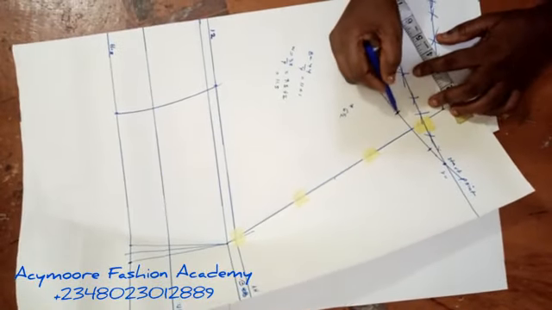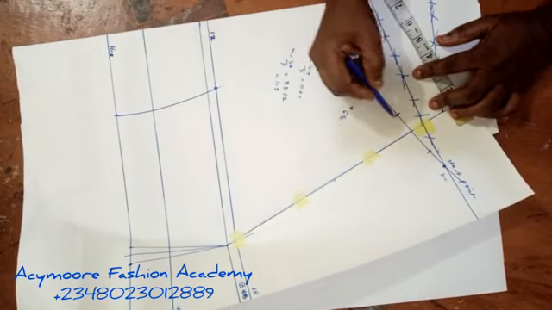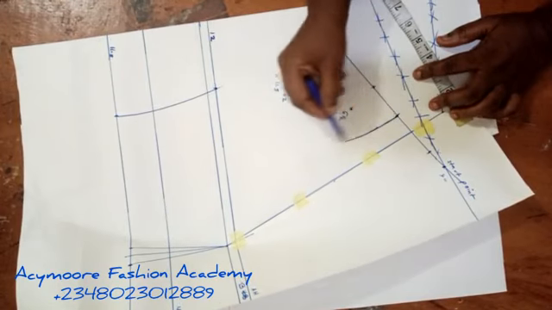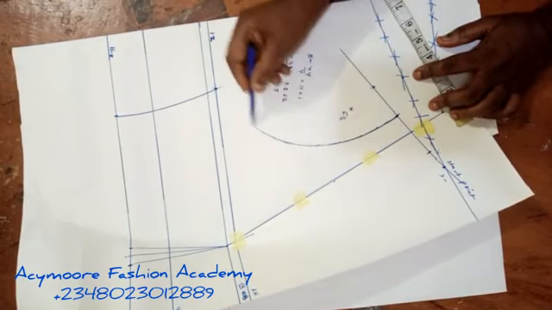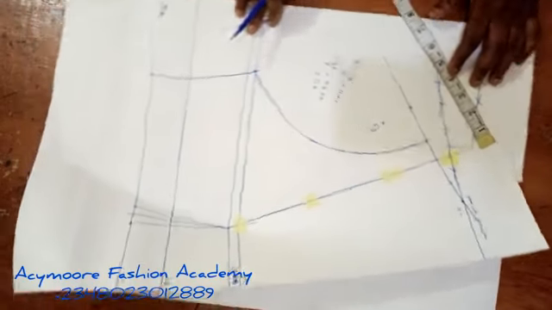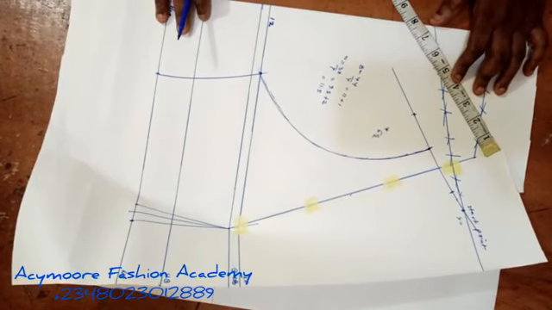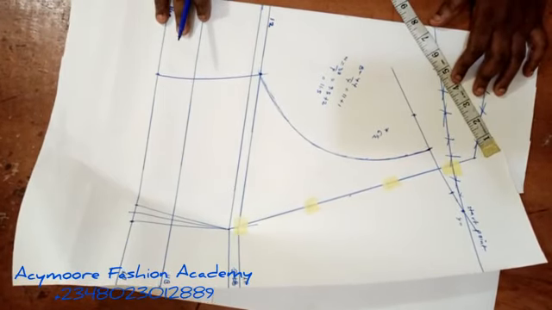I will then join my points to the armhole like so. Can you see? That's our basic bodice. That's it. Very simple.